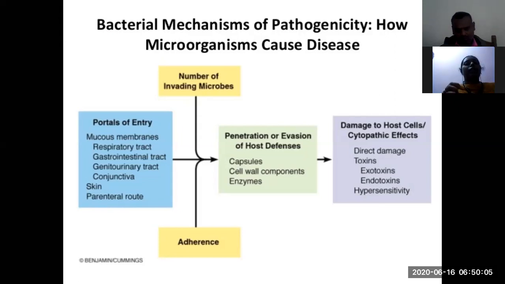Hypersensitivity is the reaction of antigen and antibody. If this microorganism enters the body, it acts as an antigen, and the cells of our body which act against this antigen are called antibodies. So this antigen and antibodies react and result in hypersensitivity reactions like allergy.